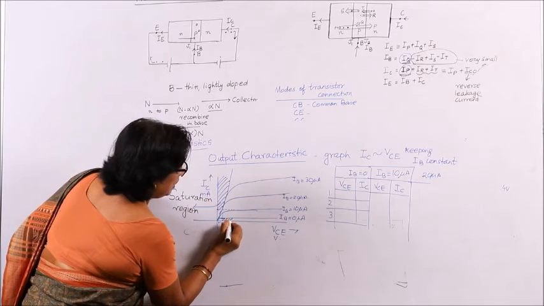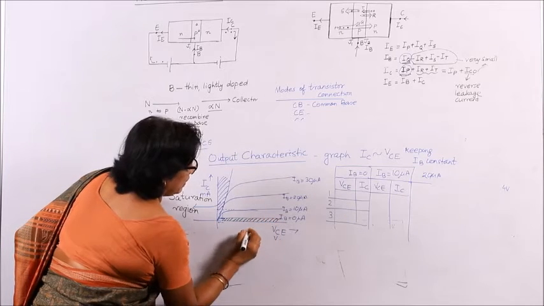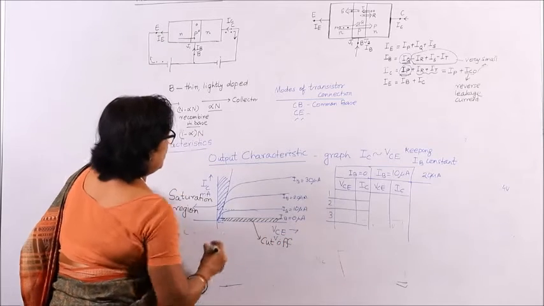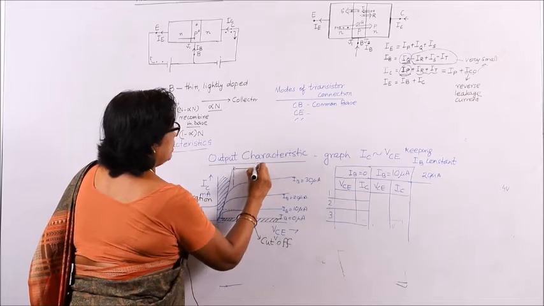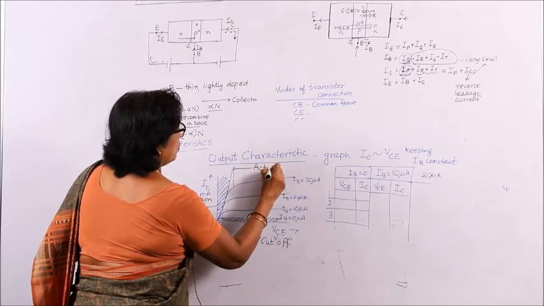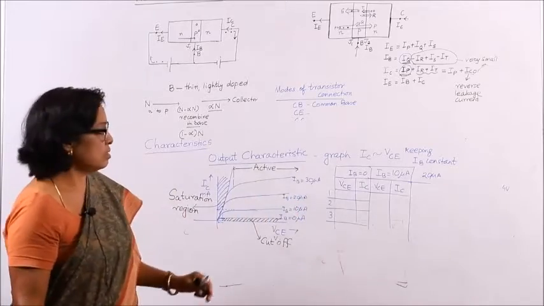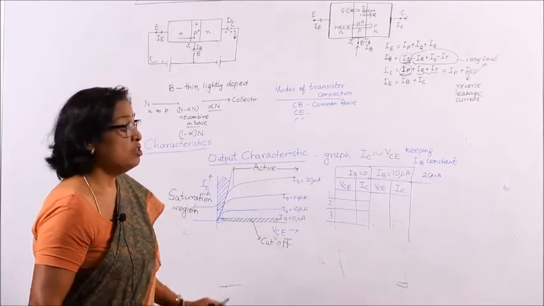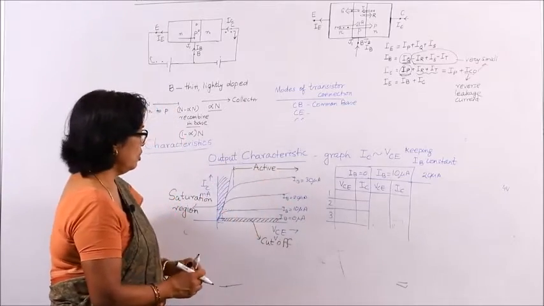The graph below this IB is equal to 0, this region is called the cutoff region, and the region from here, from where the graph is more or less parallel to this x axis is called the active region, and we always use the transistor in the active region.